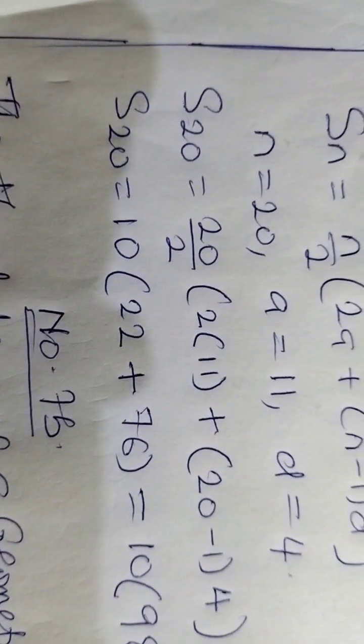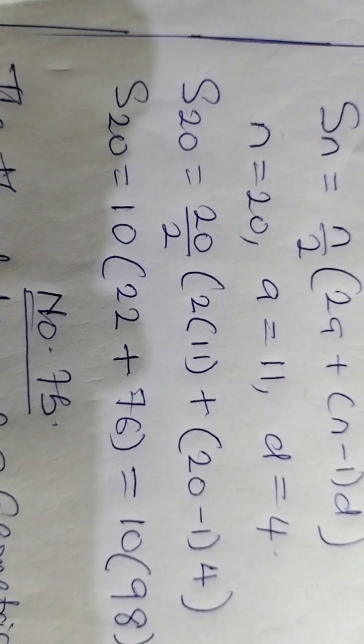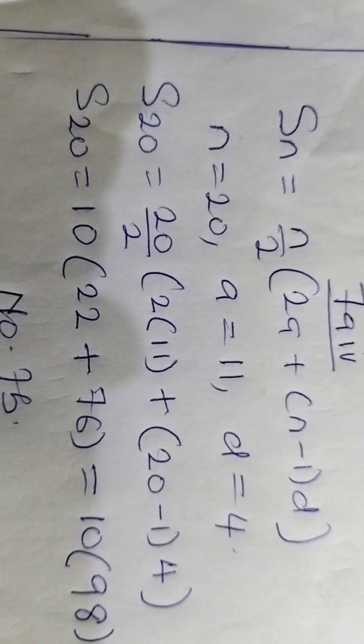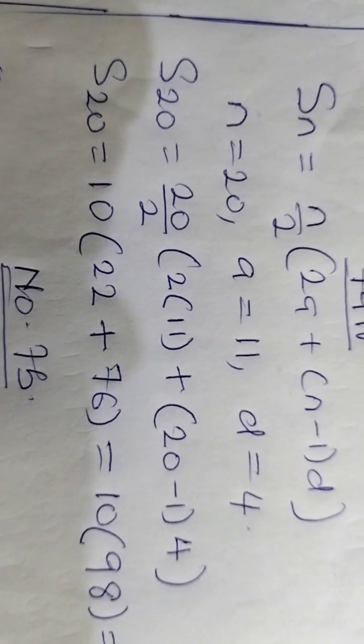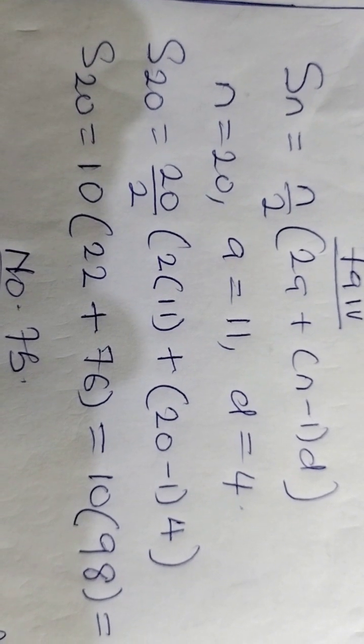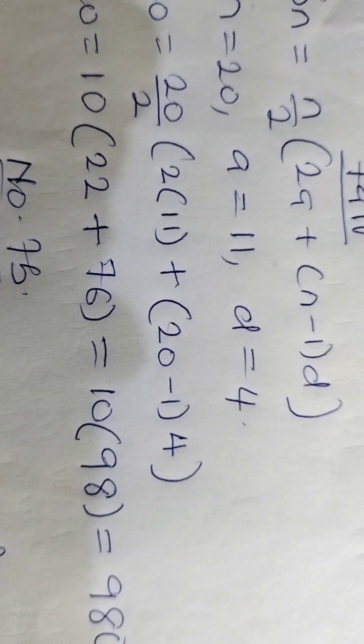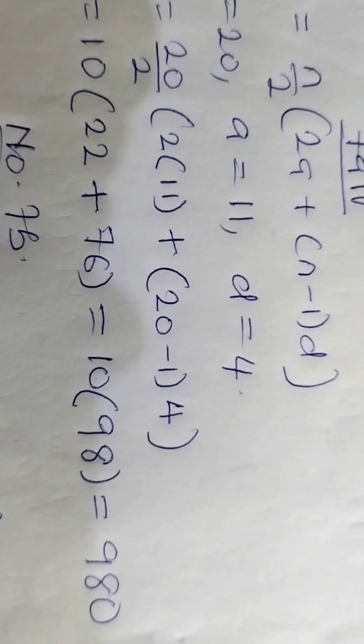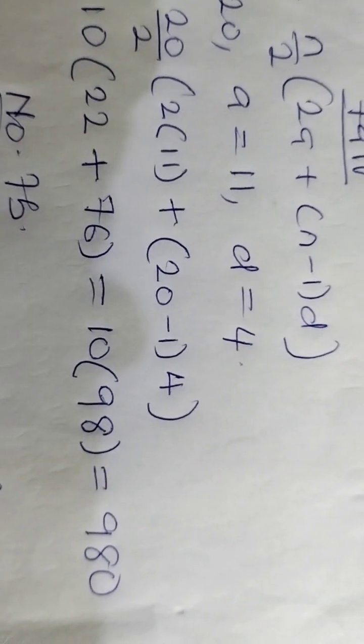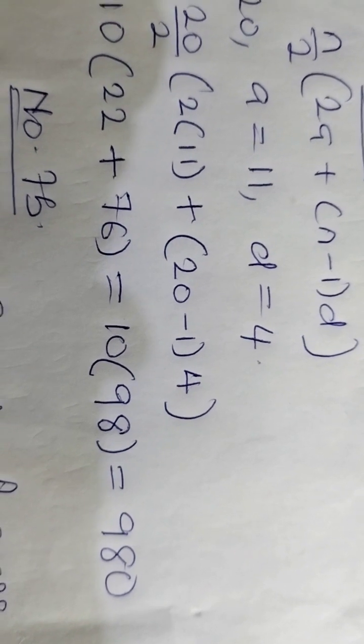Then the sum of the first 20, that's S20 equal to 20 over 2, substituting n as 20, bracket opens 2A, that is 2 times 11, plus 20 minus 1, replacing n with 20, then D, which is now 4, bracket closes.